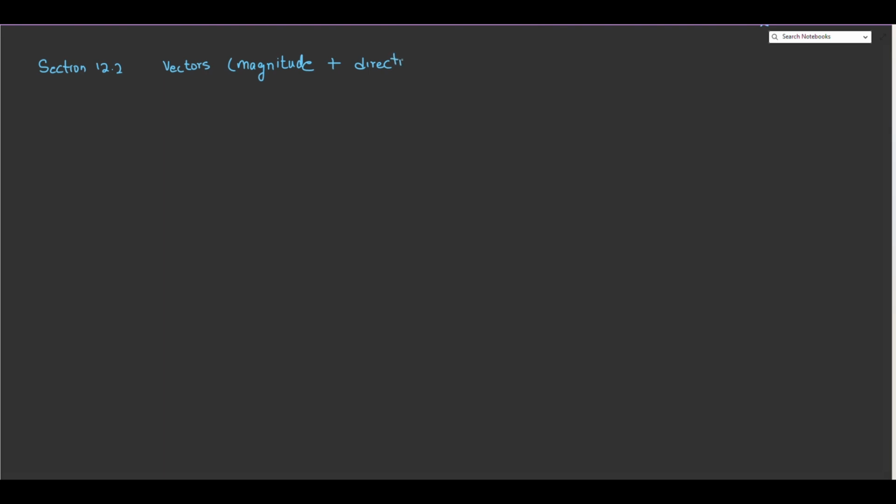In order to describe a vector, we should describe what is the length of this vector, or the magnitude of this vector, and what is the direction. You can imagine, for example, this is our starting point, origin O, and here we have a point A. This O is the initial point of the vector, and this is called the final point of the vector.